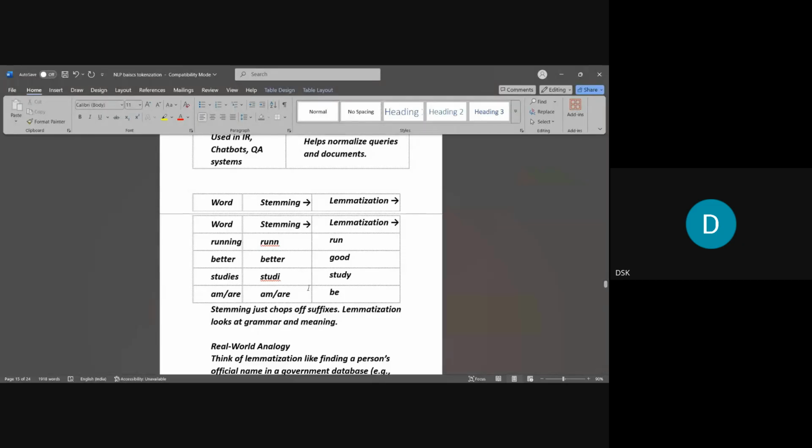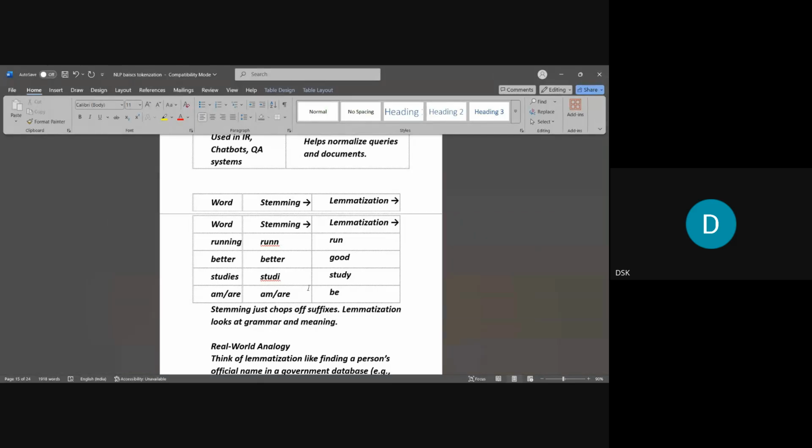So, what is stemming and what is lemmatization? Basically, stemming just chops off suffixes while lemmatization looks at grammar and meaning. For example, you can see running: in stemming, it just chops off the suffix, so for running it is only run, with double N. But lemmatization looks at grammar and meaning, so in this case it is run, with a single N. So it is signifying a meaning.